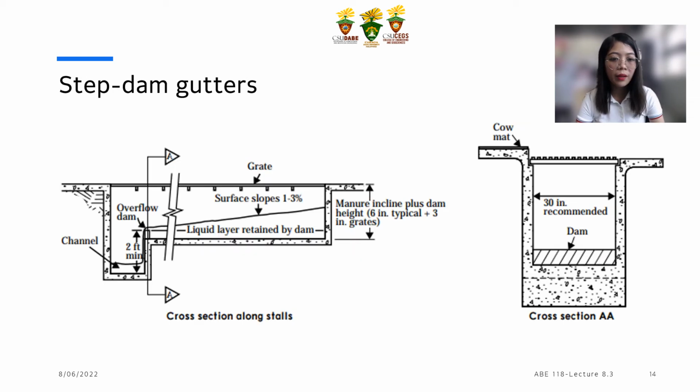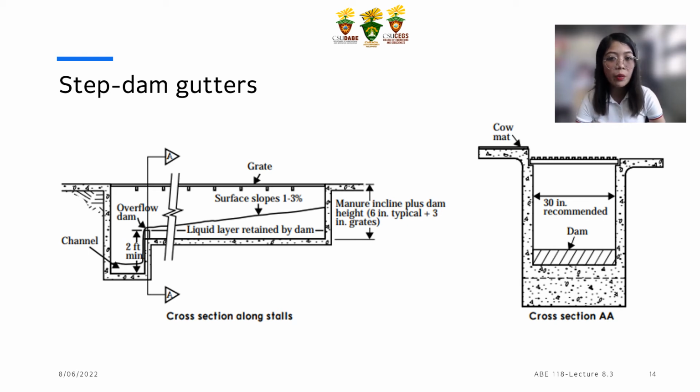And then we have the step dam gutters. Step dam gutters are also known as gravity flow channels. They provide an alternative for collecting dairy manure, like in this figure. A 6-inch high dam holds back a lubricating layer of manure in a level, flat bottom channel.